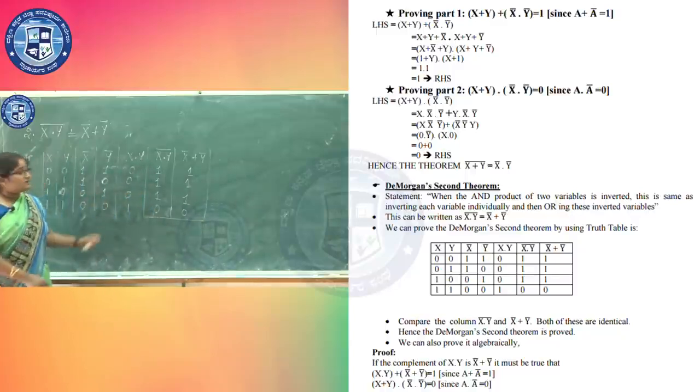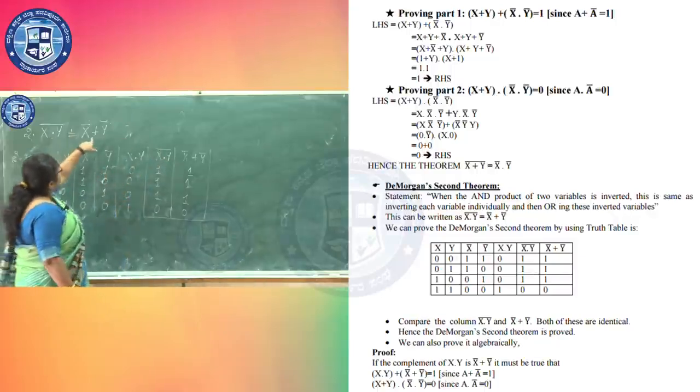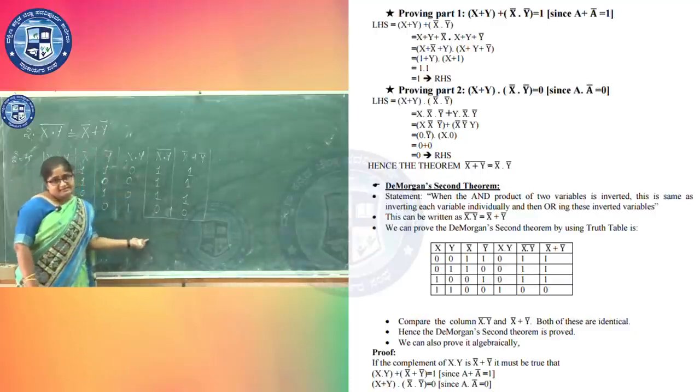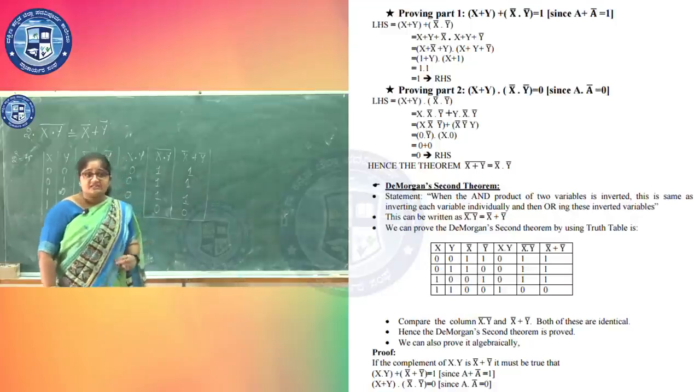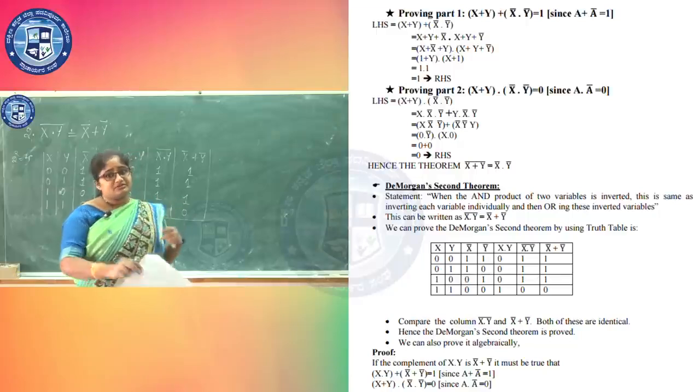Please observe that the columns x into y whole dash and x dash plus y dash are identical. So we are proving De Morgan's second theorem using the truth table.